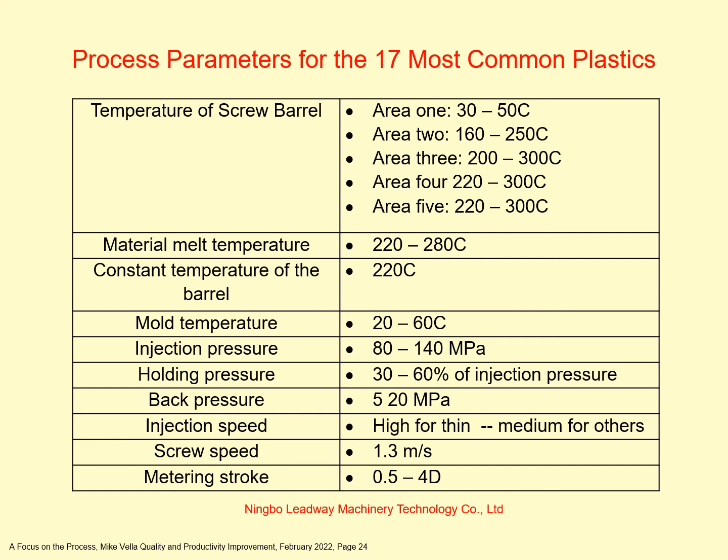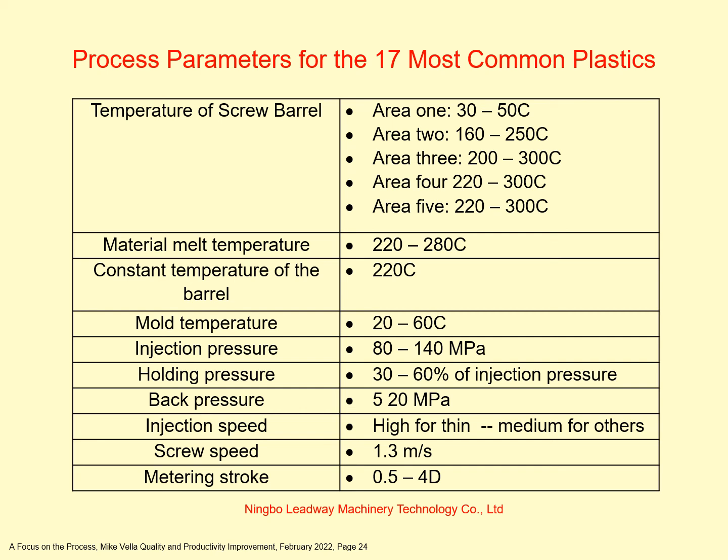Material melt temperature, constant temperature of the barrel, mold temperature, injection pressure, holding pressure, back pressure, injection speed, screw speed, metering stroke. I have no clue whether this is accurate, but it seems like these process controls are very important to making a high quality plastic injection molded part.